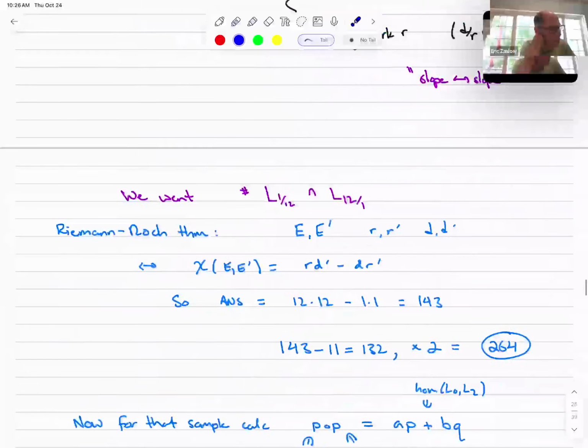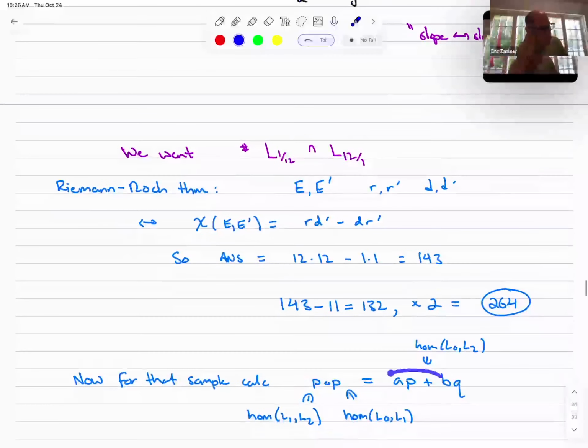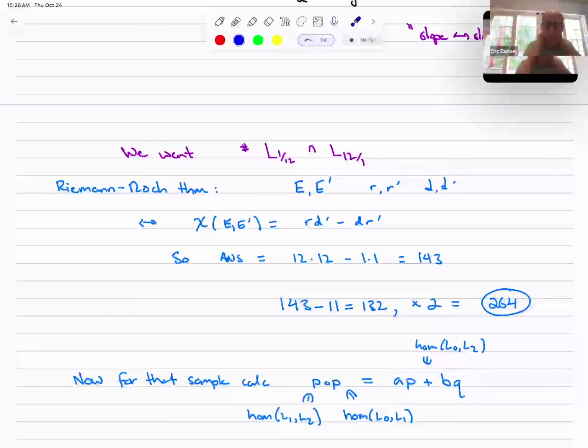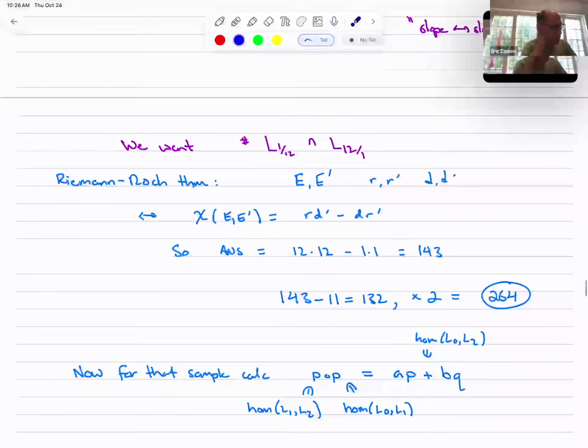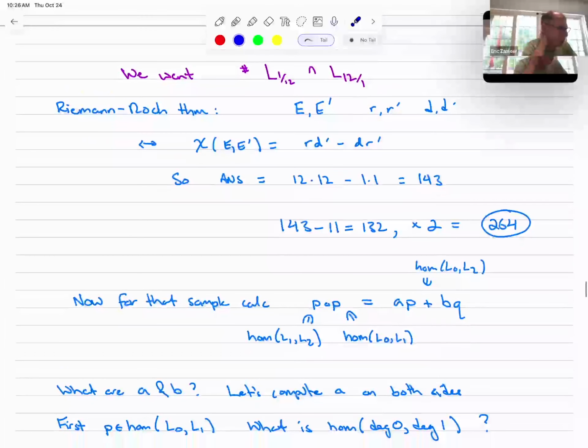Okay, so the composition must look like this. Now we just need to figure out what A and B are. Let's compute on both sides.